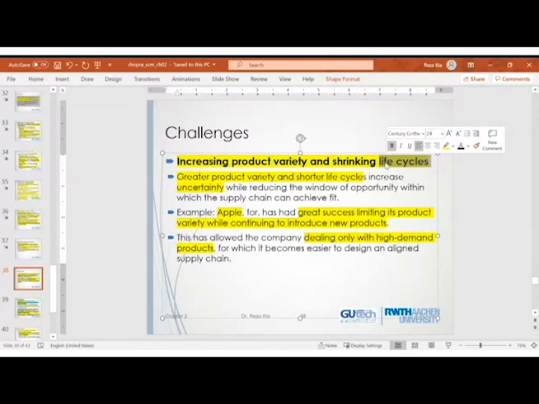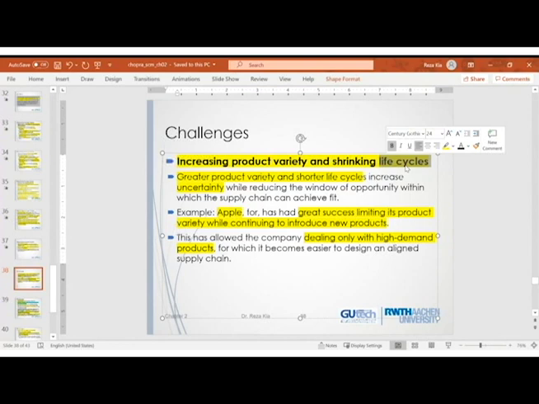And regarding the global competition in the market, the life cycle of the product is shrinking more and more. Maybe 20 or 30 years ago, when you produced and introduced a new product to the market, you could expect that this product would be competitive in the market for maybe 5 years.